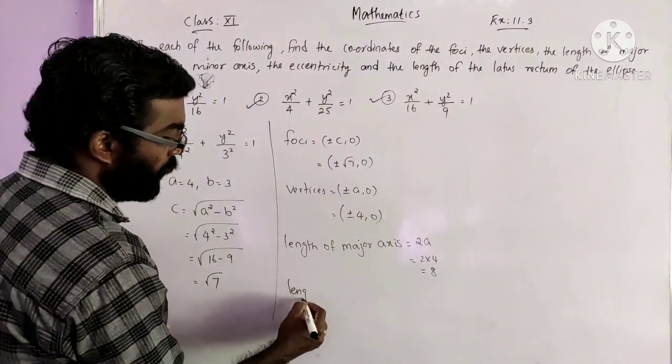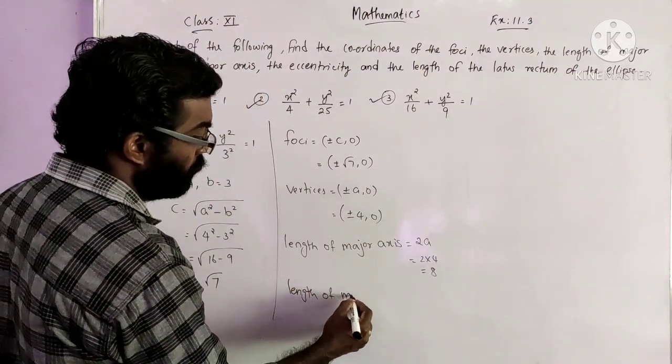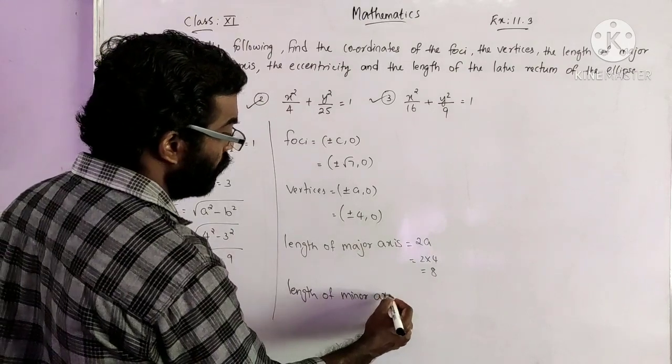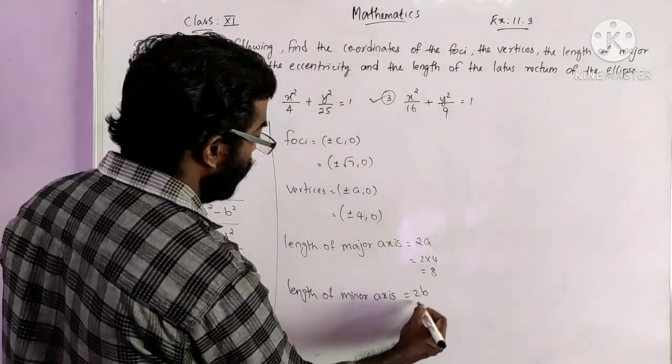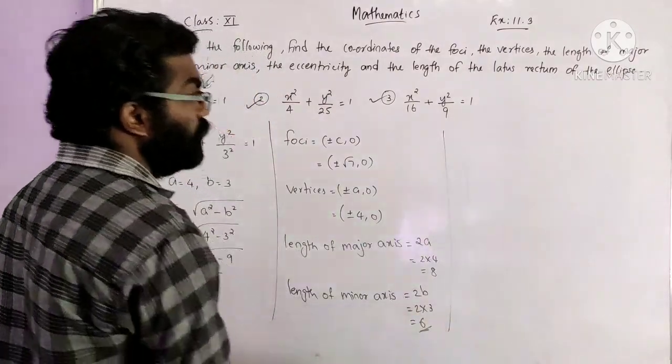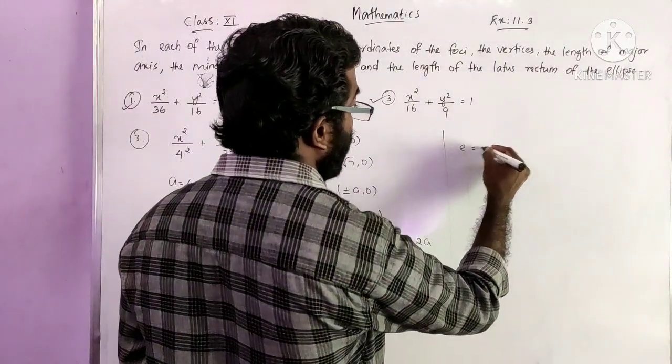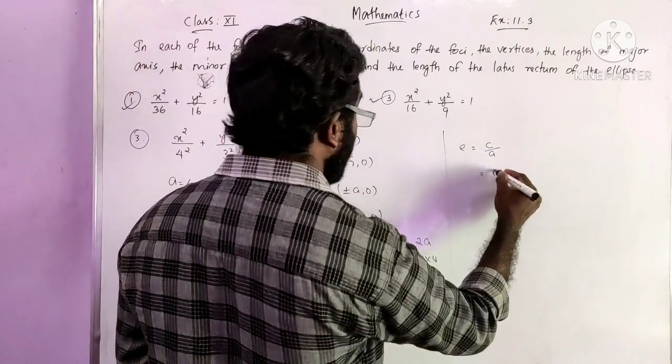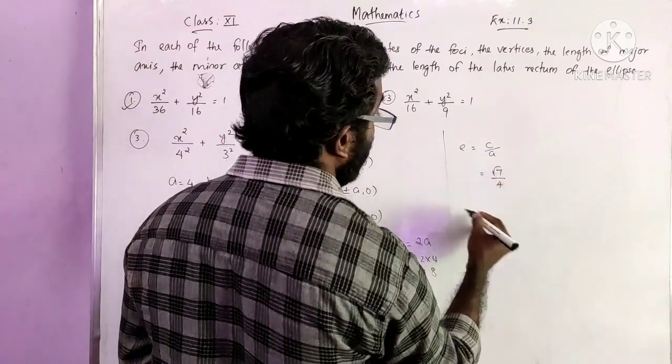Then length of minor axis, 2b, so 2 into 3 which gives 6. Then eccentricity e is equal to c by a. Here it is root 7 divided by 4.